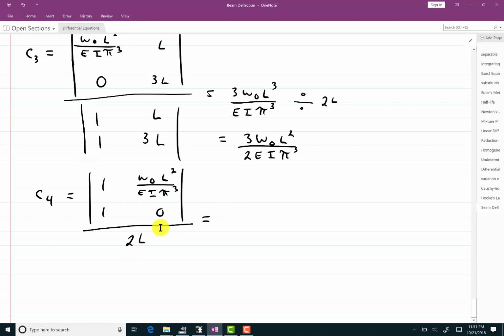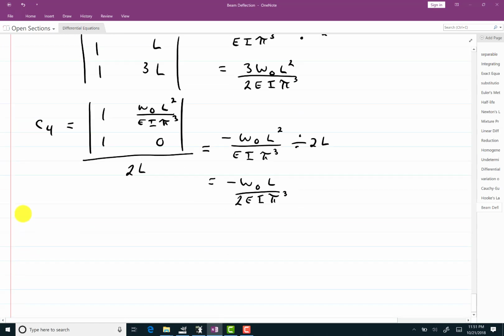So when I multiply, that'll be 0, but then I'll have negative W naught L squared all over EI pi cubed divided by 2L, which will give me negative W naught, I'll take out an L, so L over 2EI pi cubed. And I have my solution now.